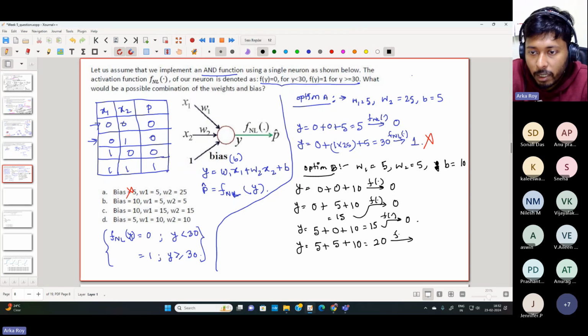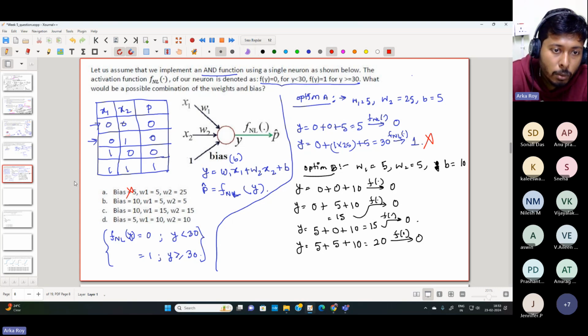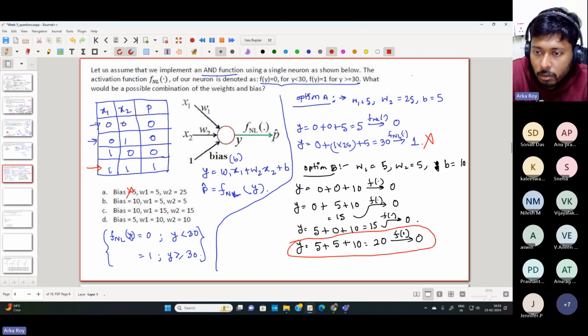Now if you apply the nonlinear function, you can see that your summation is 20, which is less than 30. That means your output will be 0. But for the 1, 1 case, your output should be 1, and you are getting an incorrect output over here. So you can nullify this option as well. So option B is also incorrect.